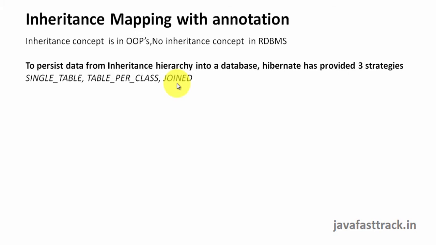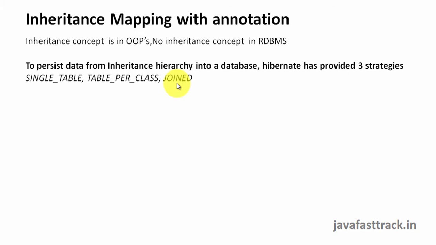So I don't want to write mapping files, I'll use the annotation based approach. For this particular example, I'll be using only the annotation based approach. Rather than writing XML files, I'll better annotate my Java programs. With that, I've made my life easier by using annotations.